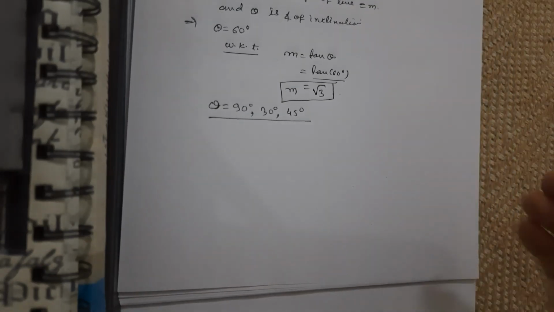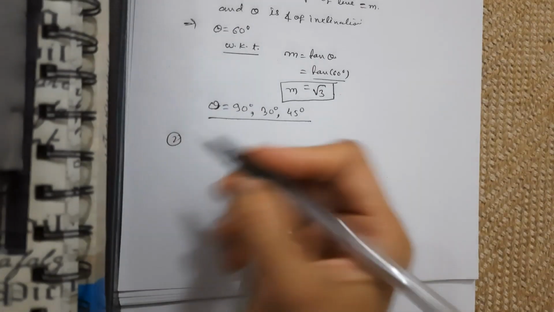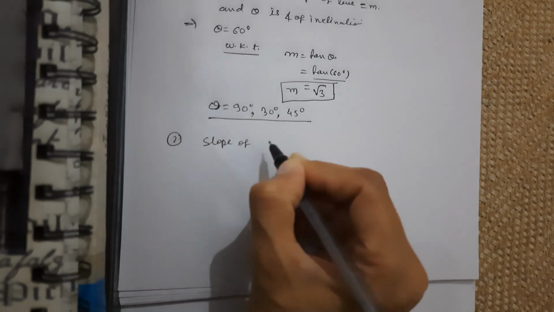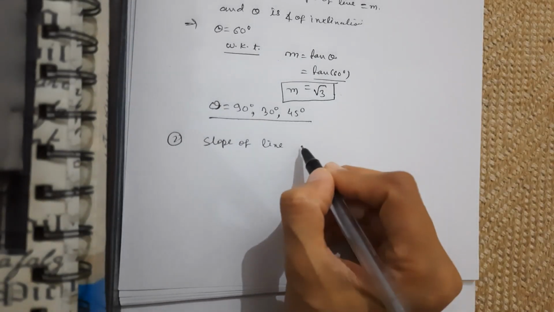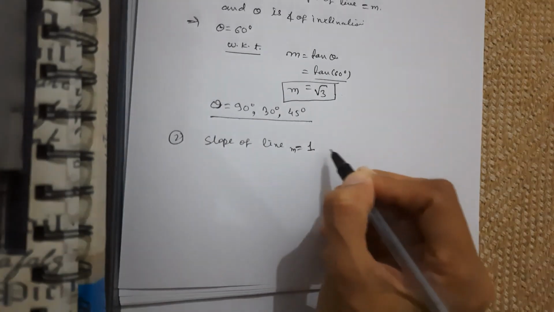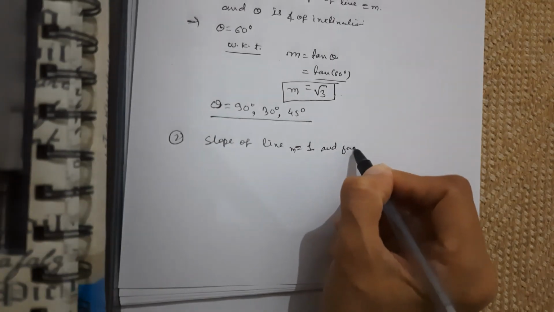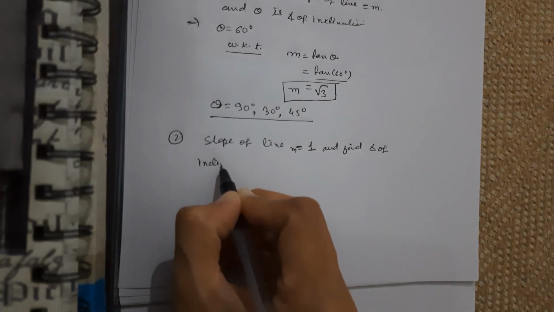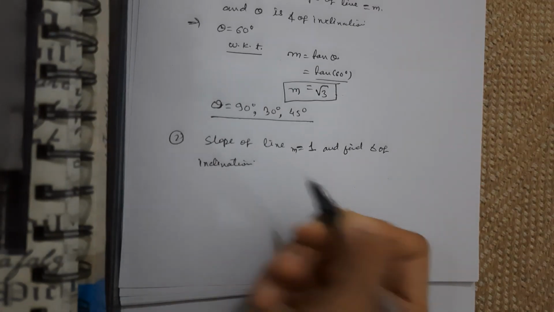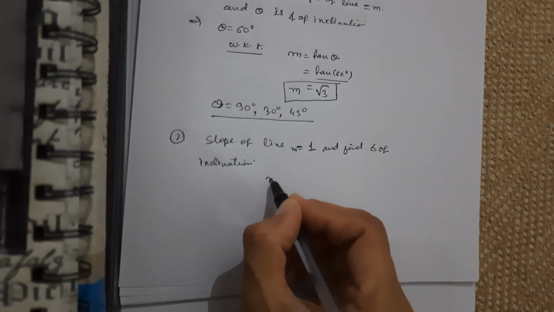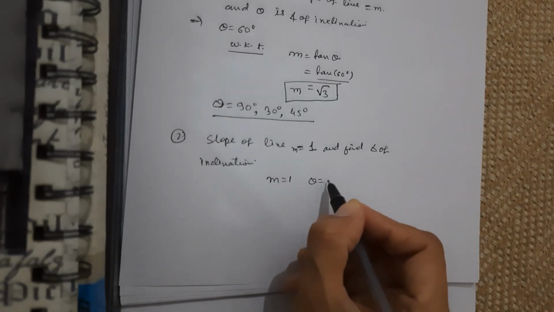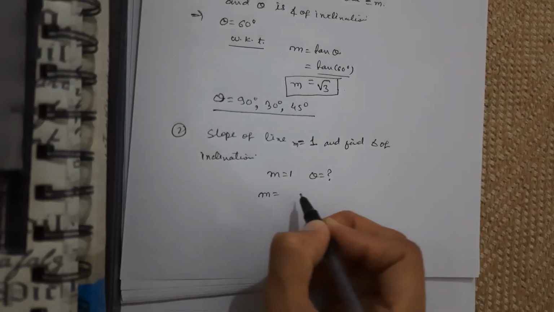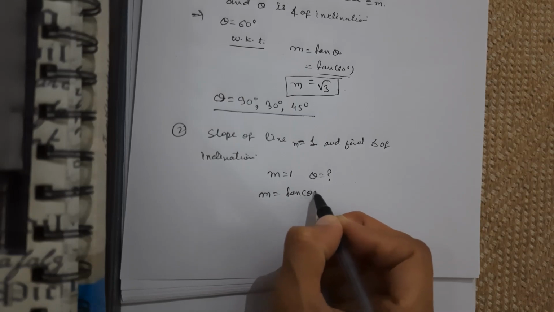Now suppose the slope of a line is given as 1, m equal to 1, and find the angle of inclination. I want to find theta here. I'll use the same formula, m equal to tan theta.